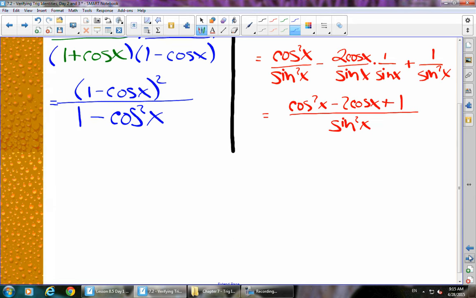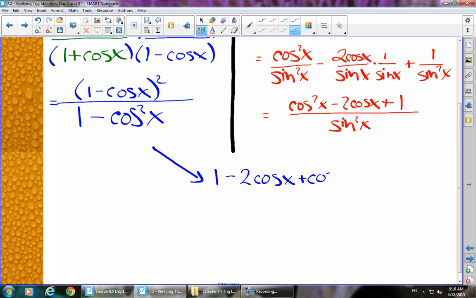So coming down here, the top is going to become, if I multiply that out, 1 minus 2 cosine x plus cosine squared x. And the bottom is going to become sine squared x. And notice it's just a rearrangement.